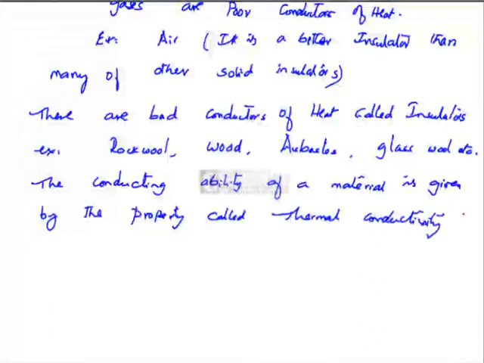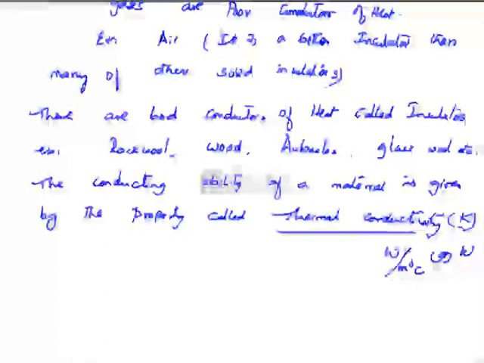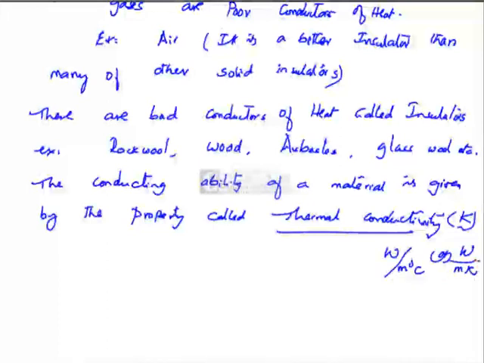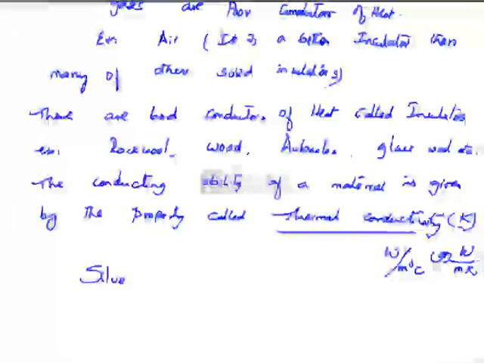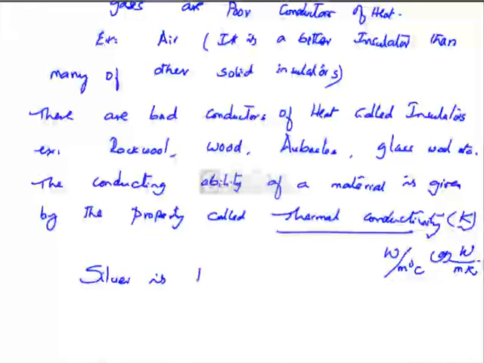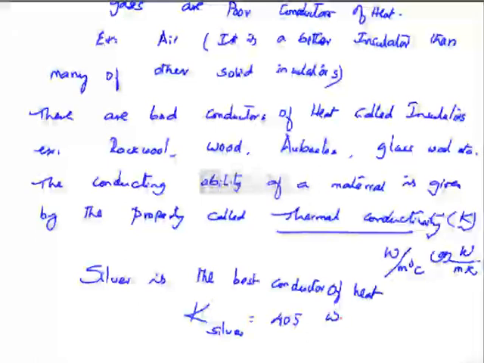A very important property which we use extensively in the subject, thermal conductivity, K, having the units of watts per meter degree centigrade or watts per meter Kelvin. Among all the materials, silver is the best conductor of heat. For example, K of silver is 405 watts per meter Kelvin.